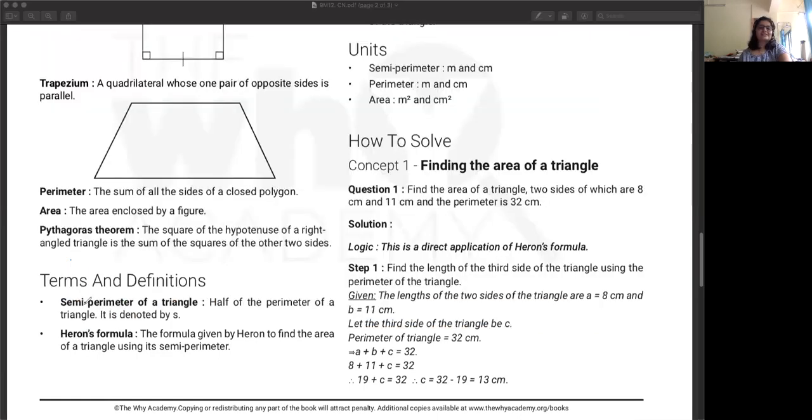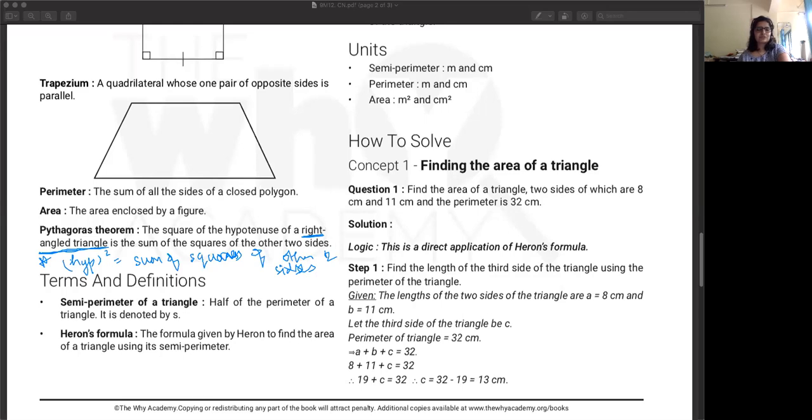A square plus B square equals C square. And as someone said, the most important bit is that it is applicable only to a right angle triangle. Pythagoras theorem is not defined for any other triangle.